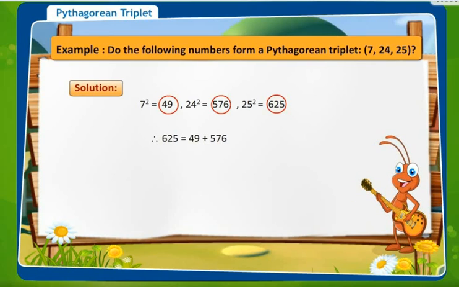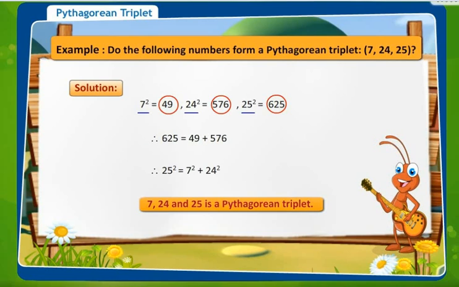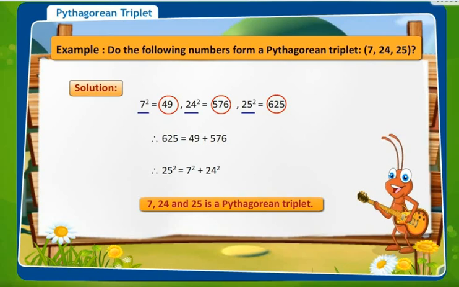Yes. If we get 625, that means 7, 24, 25 form a Pythagorean triplet. And if we are supposed to draw a triangle using these 3 sides, it will always form a right angled triangle.